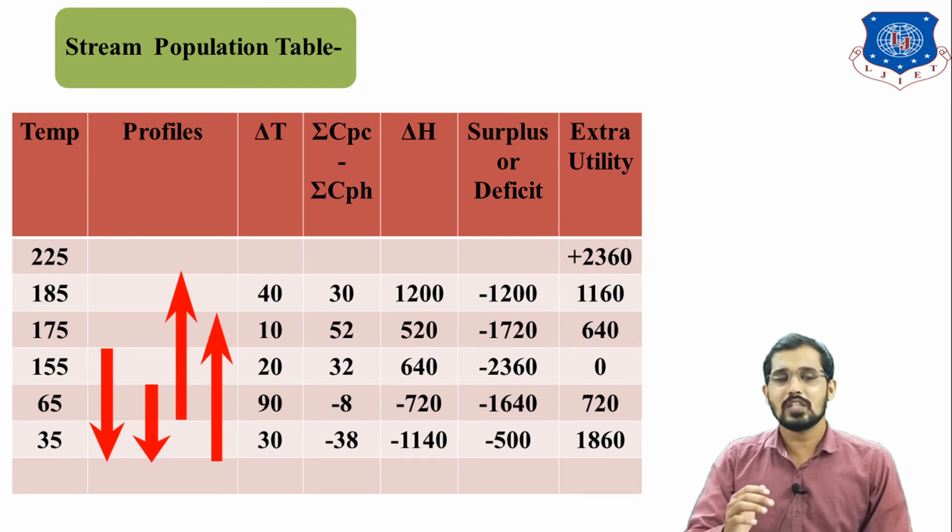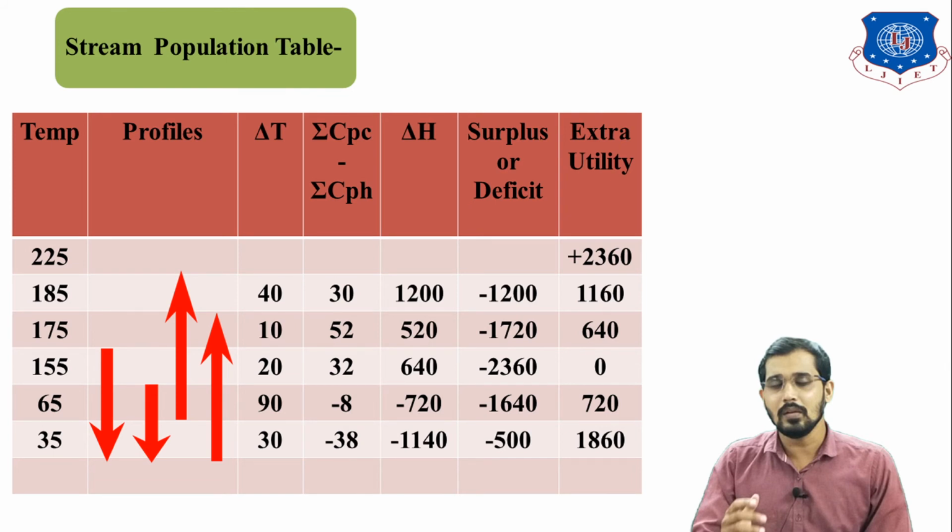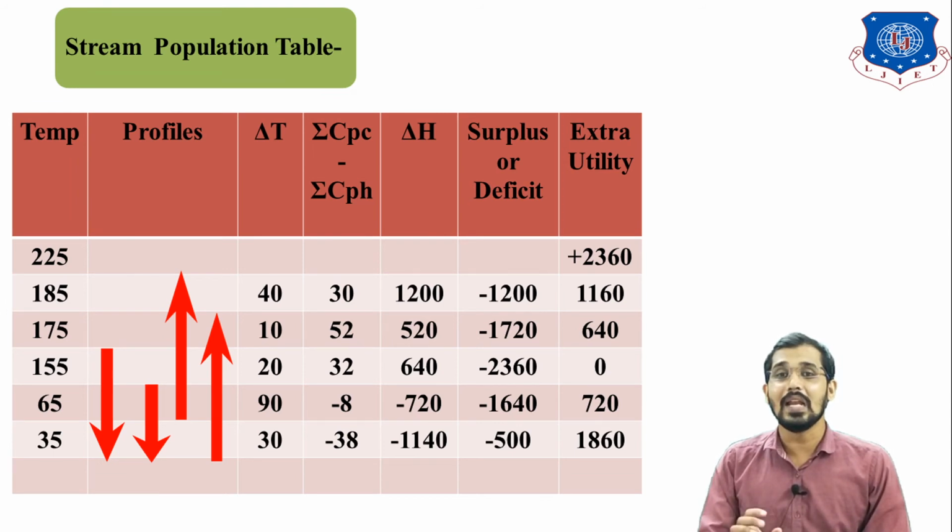After that, apply the rule we have seen, the summation of CPC minus CPH, to calculate the heat flow rate values for the fourth column, that is, the summation of CPC minus the summation of CPH. After that, we have to calculate the delta H value. This delta H value is nothing but the sensible heat.